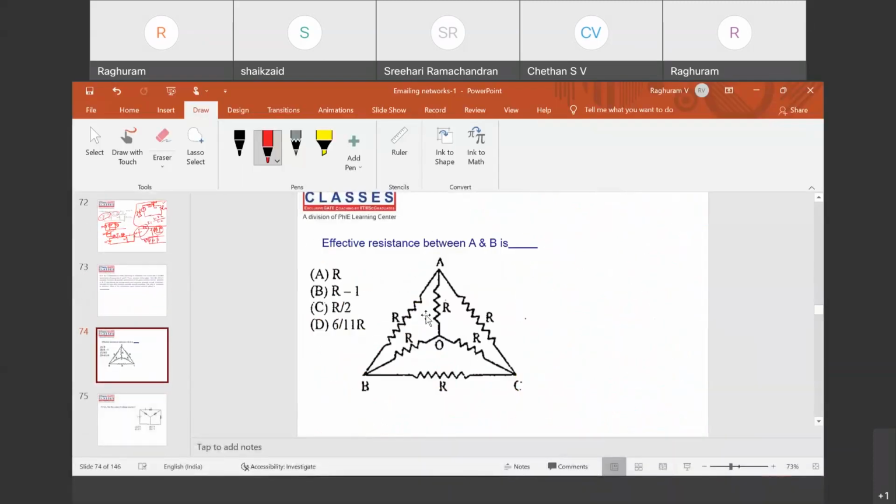Next, find the effective resistance between A and B terminals. Find the effective resistance between A and B terminals.